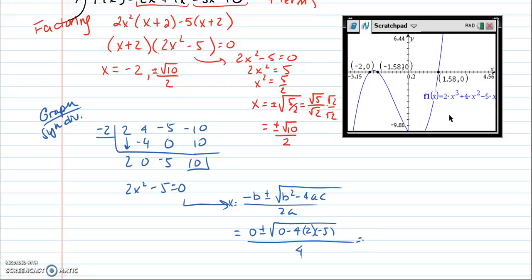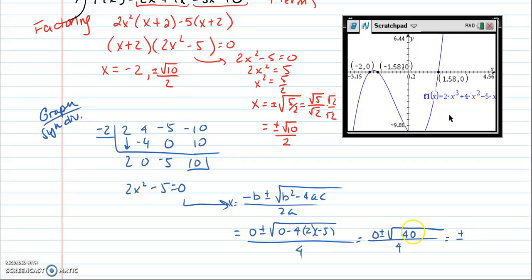If we go a little further, 0 plus or minus, here's where a lot of people mess up. You have a negative 4 and a negative 5, so it's going to end up being positive. So negative 8 times negative 5 is 40. That's going to be over 4. I'm going to get rid of the 0 since I don't need it anymore.